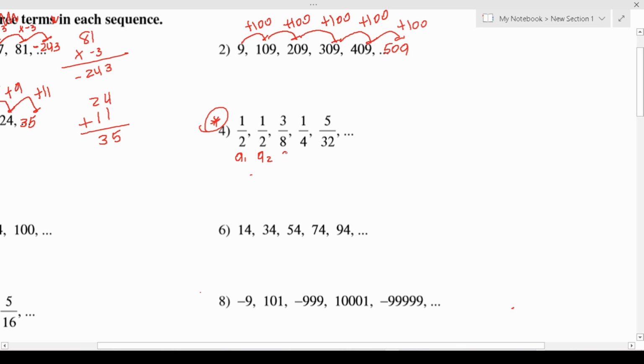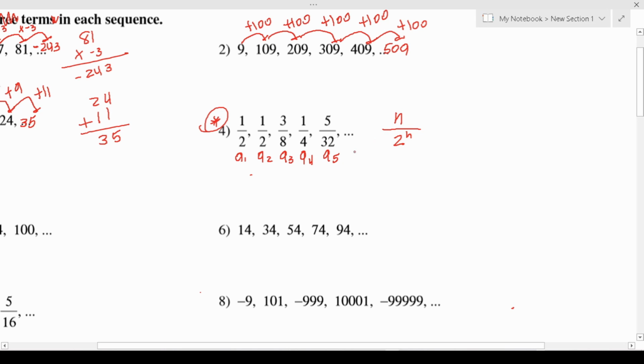This is our A2 term, our A3 term, our A4 term, and A5 term. And if we look at this one and play around with the numbers, which you would have to do a lot in this case, we should realize that the pattern to this one is n over 2 to the n. Okay, and that's all there is to this one.